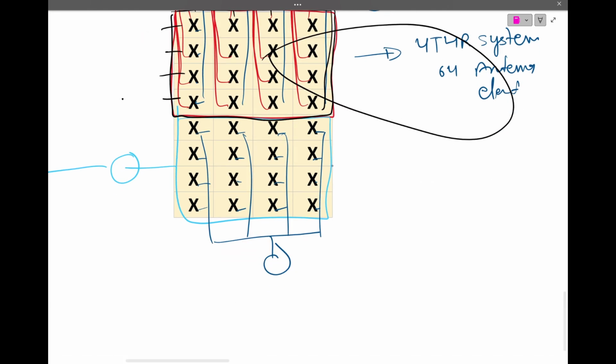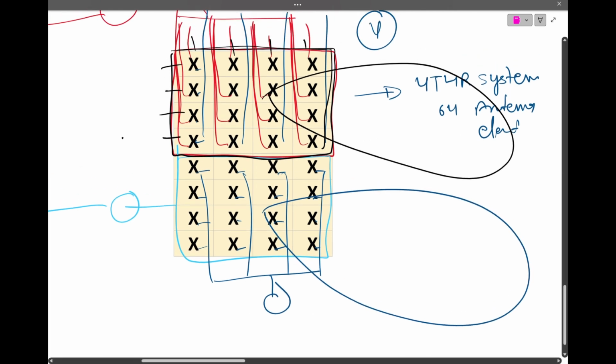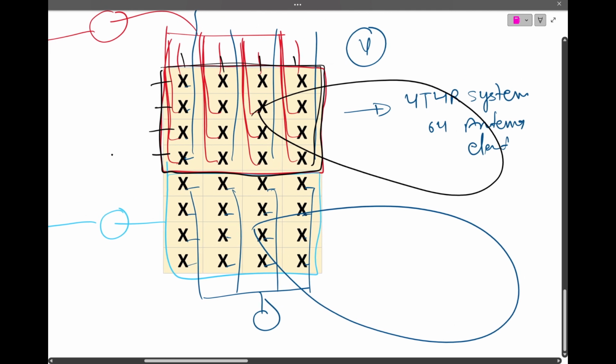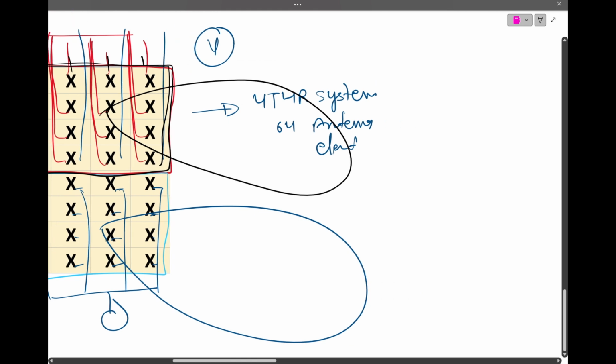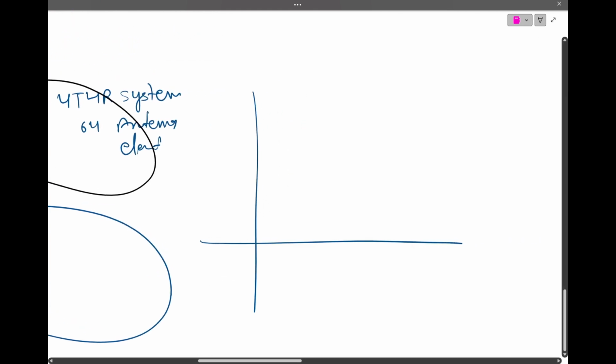Same for this one, and this way you can have the beam focused to a different UE placed at a different location.